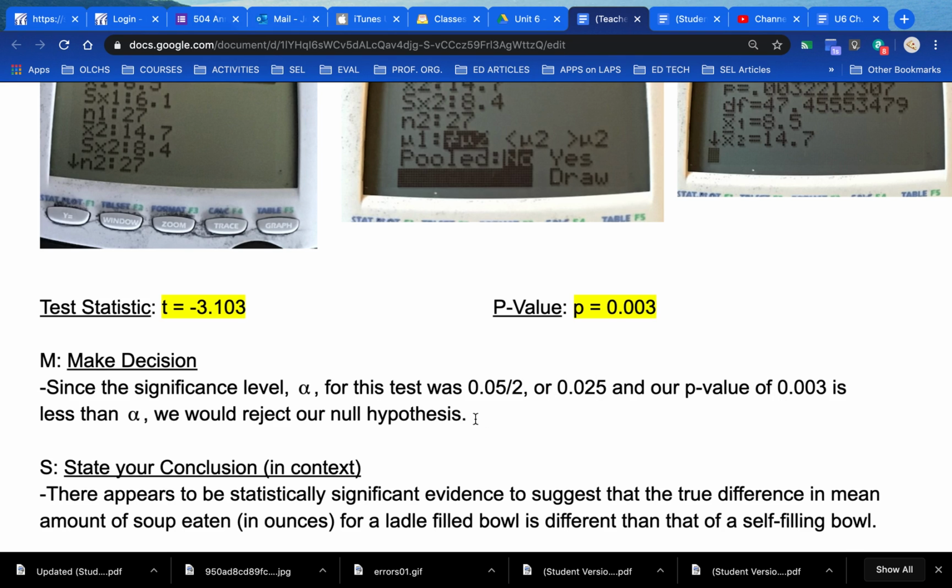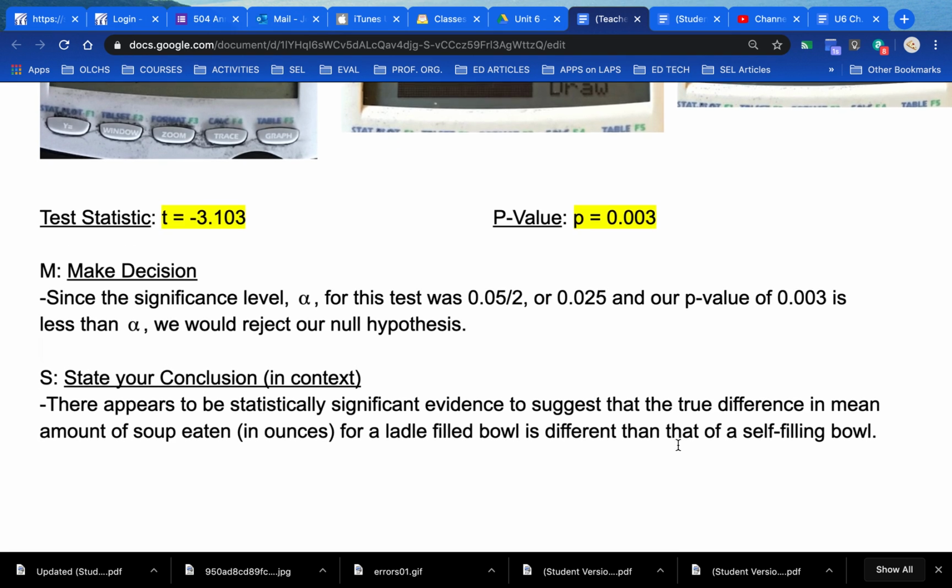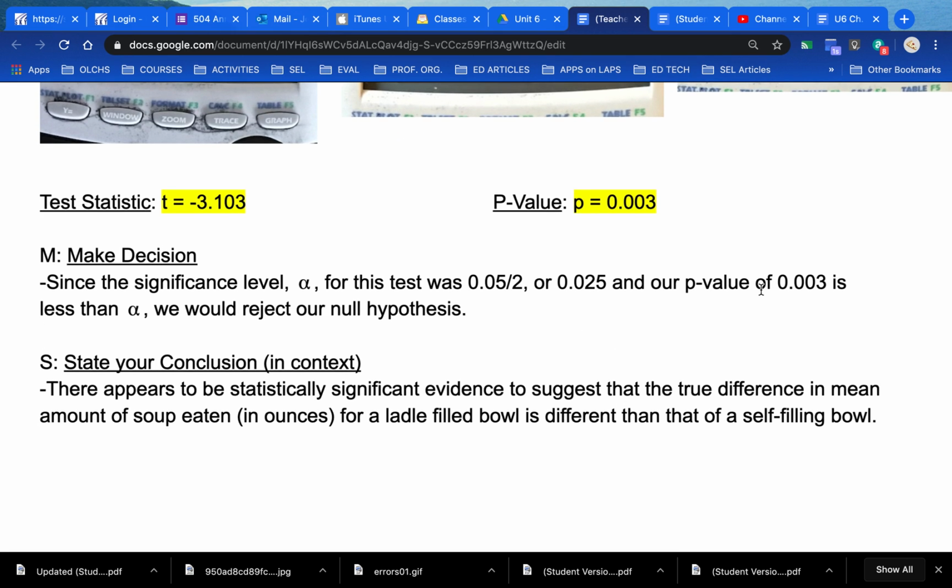That's why we're rejecting. So if you're scared, you could say the generic, my p-value is too low. I'm rejecting the H0. But if you want to be more specific, you would say my p-value of 0.003 is less than the alpha or significance level of 0.025.